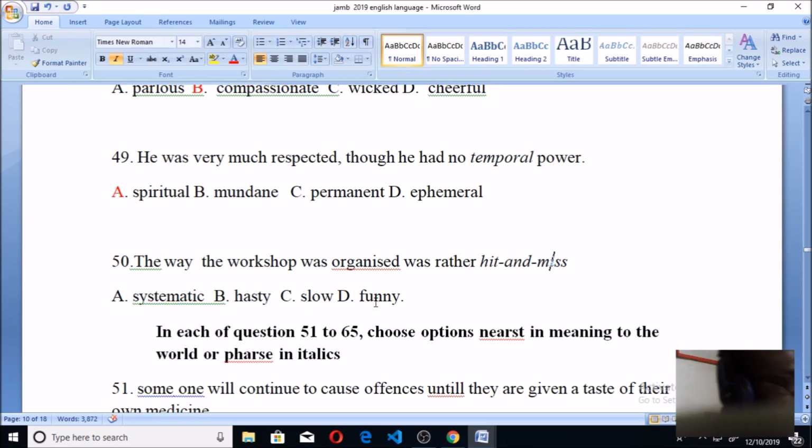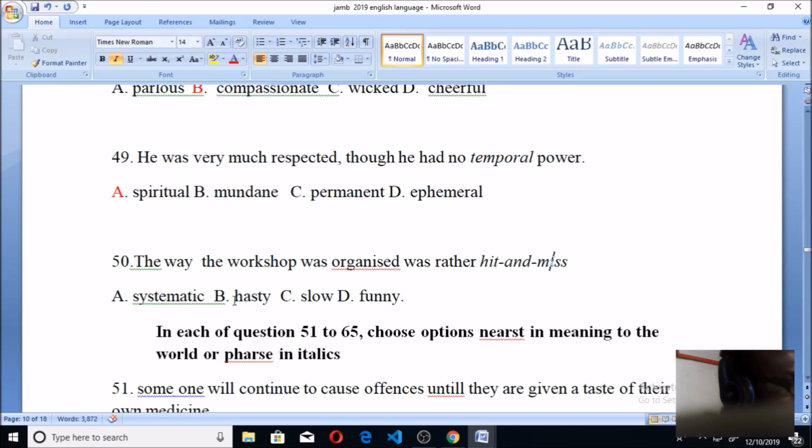So hit and miss simply means trying to come in contact with something quickly or forcefully, but actually missing it. That means you are not able to achieve that. Now systematic simply means done or acting according to a system. So you are following a very nice system to do something.